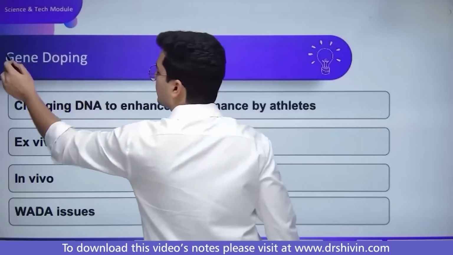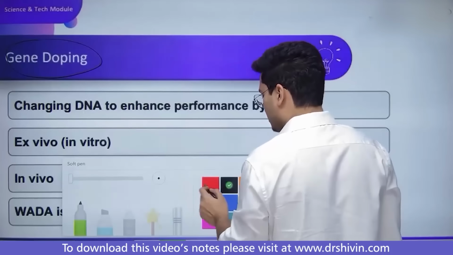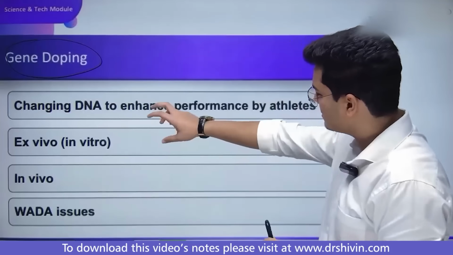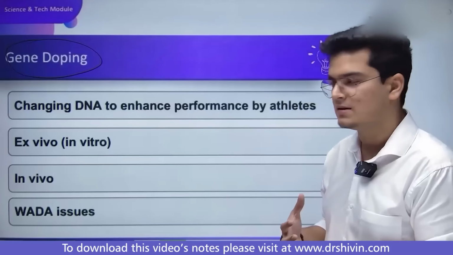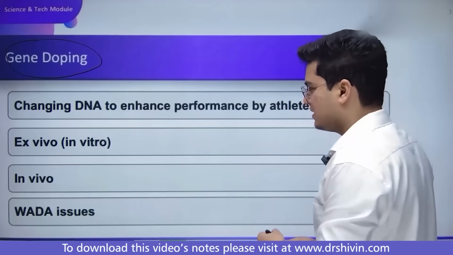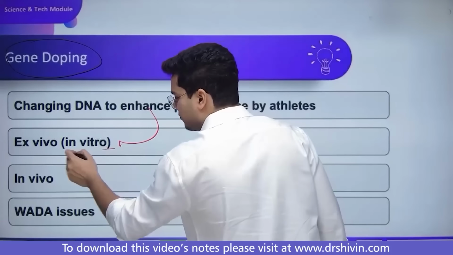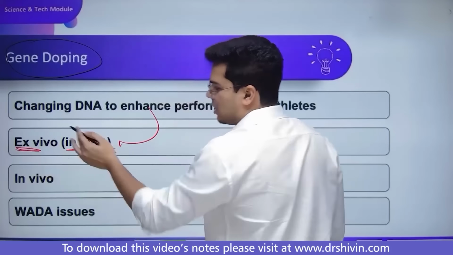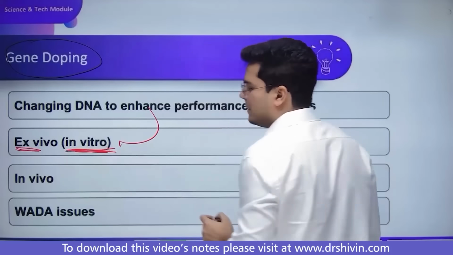Now, what is gene doping? Gene doping is when athletes change their DNA to enhance their performance. It can be done ex vivo or in vitro. Ex vivo means outside the body. In vitro means in the lab.